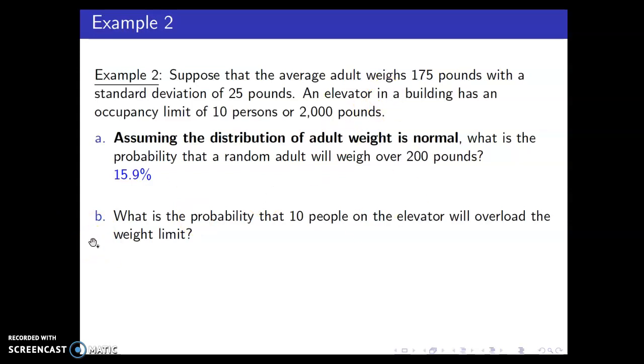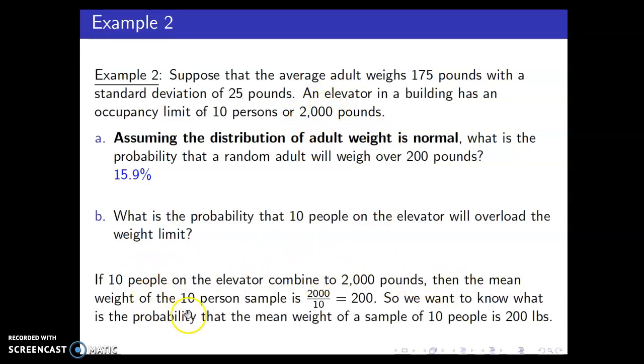Okay, not a problem, but if you're an elevator operator or inspector, you want to know the likelihood that 10 people in the elevator will overload the weight limit. This is a little bit strange, but think about it: you have 10 people, what's the probability that these 10 people weigh 2,000 pounds combined?